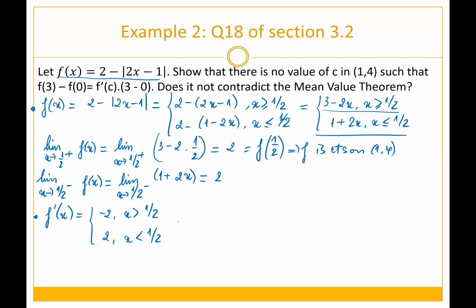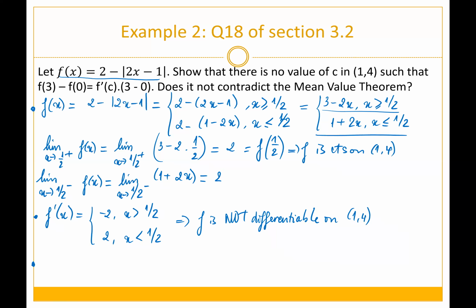So you conclude that f is not differentiable on 1 to 4. And so your conclusion is that it doesn't contradict the mean value theorem at all, because the conditions are not satisfied.